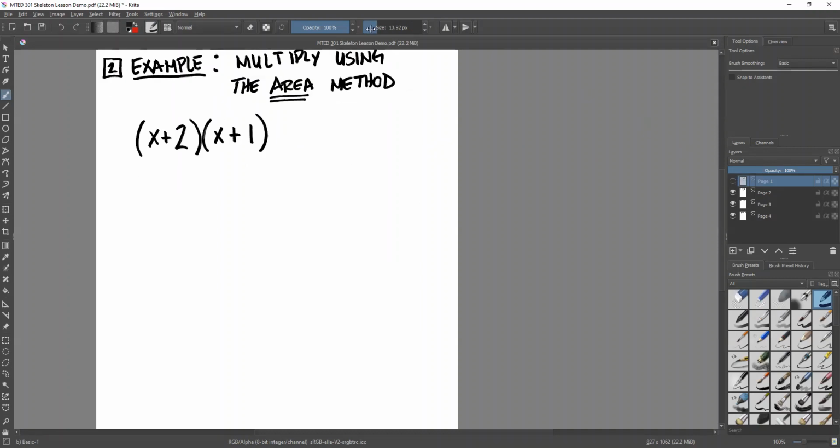So the first example we're working with is x plus 2 times x plus 1. How do we represent this? Well, let's start with the x plus 2.